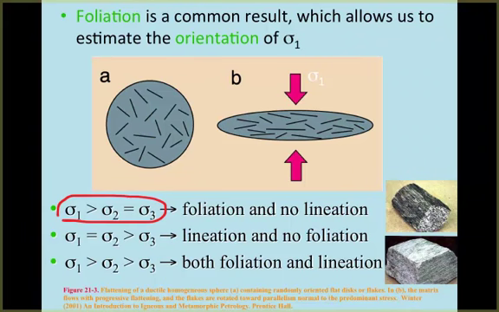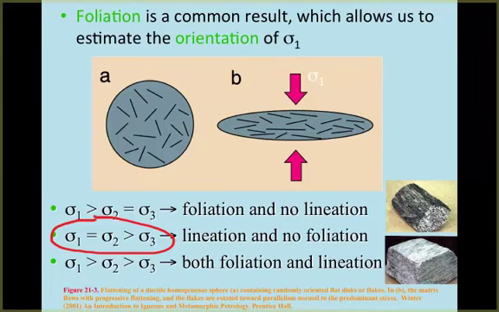And if we have the greatest compressional stress equal to the intermediate stress, and those are both greater than the least compressional stress, that extension direction, you're going to see a lineation forming.